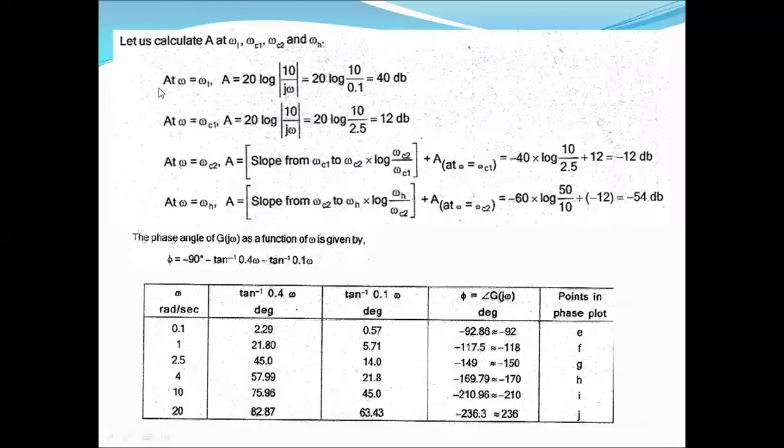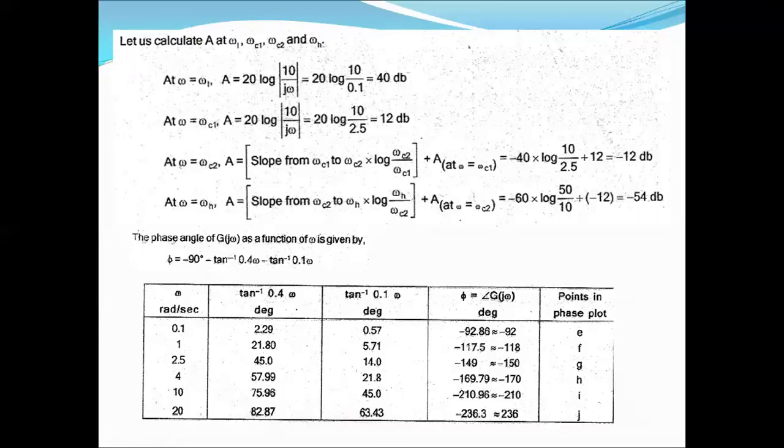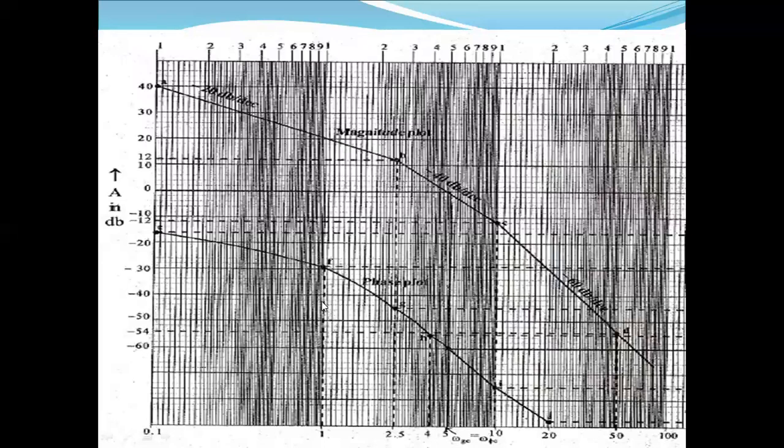Here you can see at the 0.1 corner frequency we have found the magnitude as 40 decibel, so that is marked here at 40 decibel. And the next corner frequency is at 2.5, where it is 12 decibel. You can see here, and join these two points.